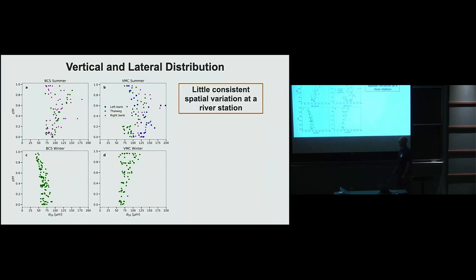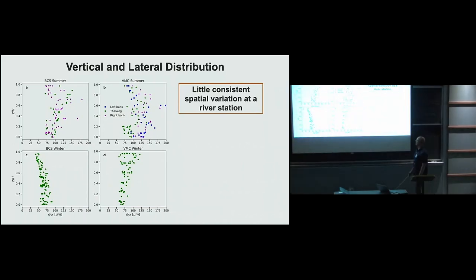Part of that depends on the number of particles that you sampled, and part of it could be just the nature of the suspension itself that you're sampling. So we're between 2,000 and 10,000 particles for each of these distributions. So we think this is a fairly good representation.